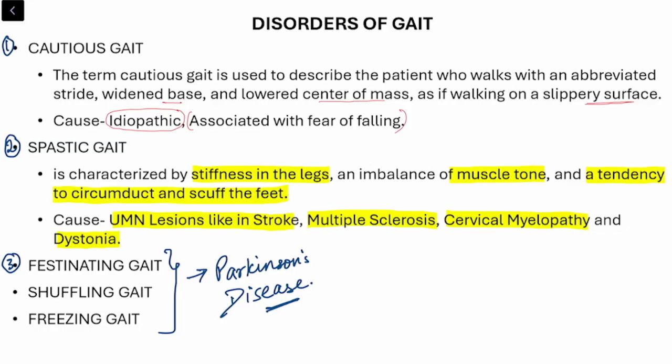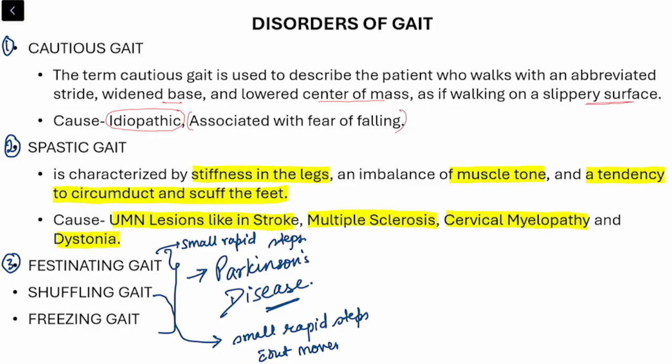Festinating gait means there will be small, rapid steps. Shuffling gait means again there will be small rapid steps without the movement of arms, meaning no arm swing.